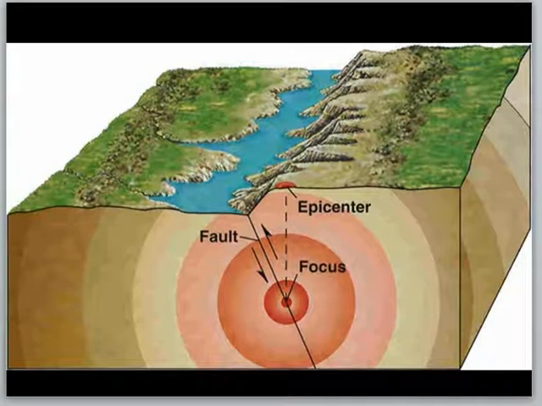When we talk about earthquake damage, they often will give you where the epicenter or the focus was. You can imagine if the focus were not very deep, the earthquake could have a lot more impact. Sometimes you can have big earthquakes, but the focus is so deep into the earth that we don't even notice it on the surface.